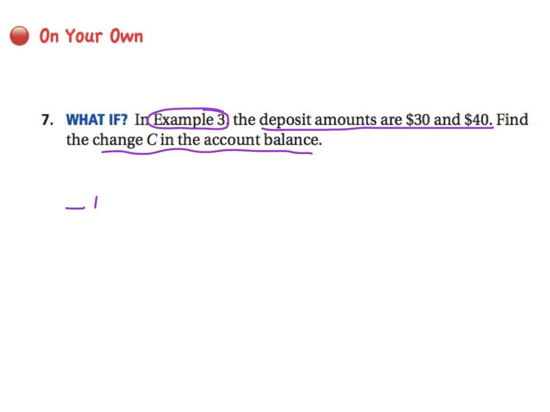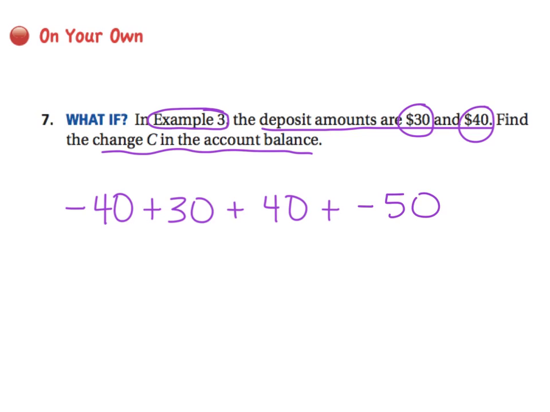So first he withdrew $40. Then we could say we deposited 30, and then our other deposit was 40, and then lastly he withdrew $50, so we have a -50. Go ahead and figure out what this would equal. Then come back and check your answer.